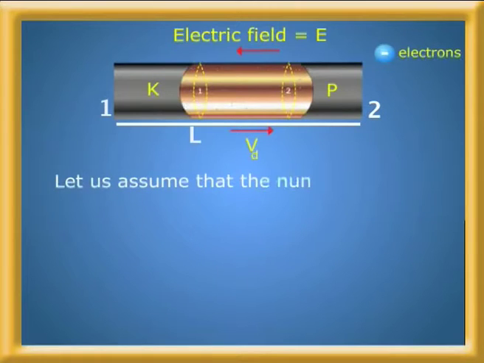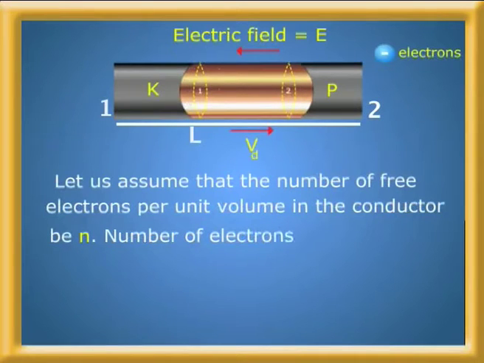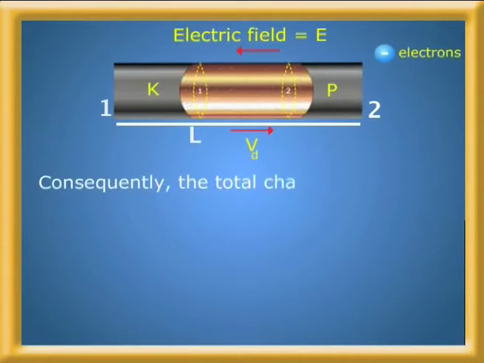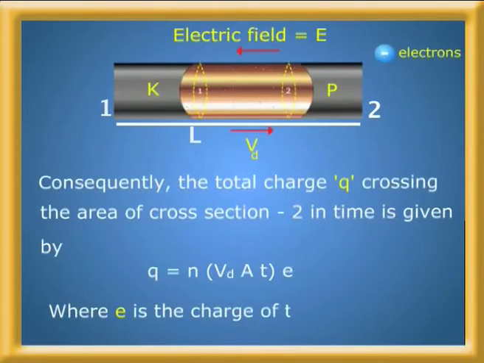Let us assume that the number of free electrons per unit volume in the conductor is n. The number of electrons crossing cross section 2 in a time t will be n Vd t A. Consequently, the total charge Q crossing the area of cross section 2 in time t is given by Q equals n Vd A t e, where e is the charge of the electron.